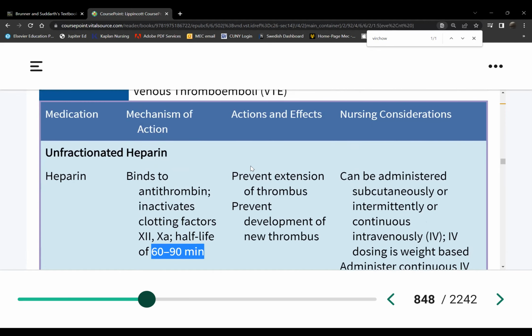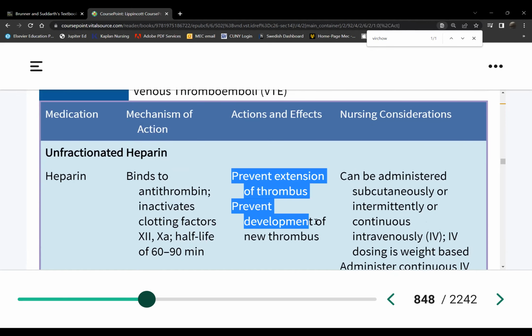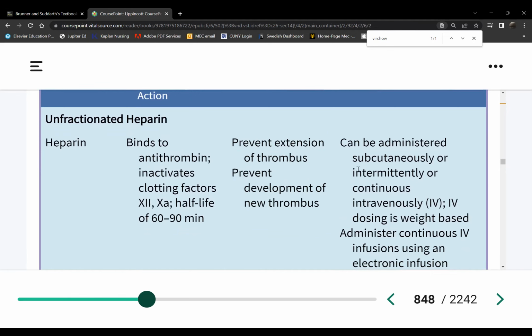So why is it given? This is its action: it prevents new clots from forming and prevents existing clots from getting bigger, or from extending. Any questions so far? No. Okay, so it can be given subcutaneously, intermittently, or continuous IV.